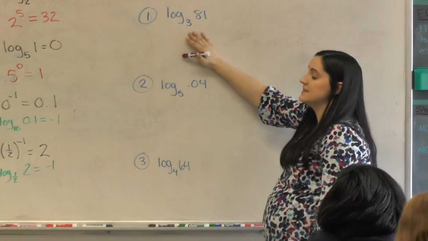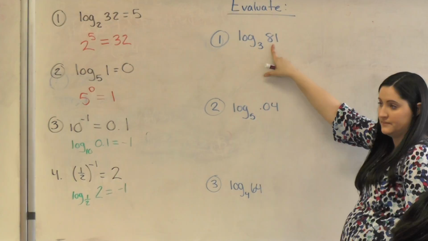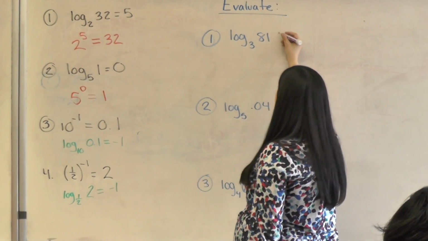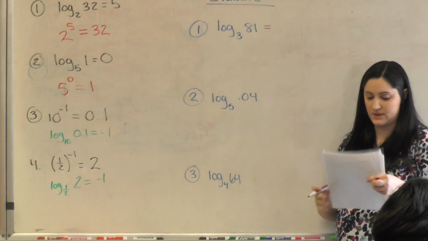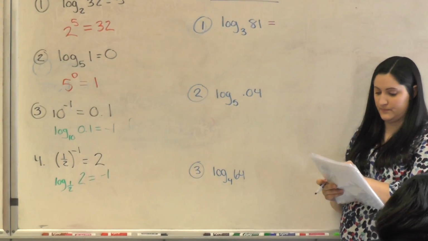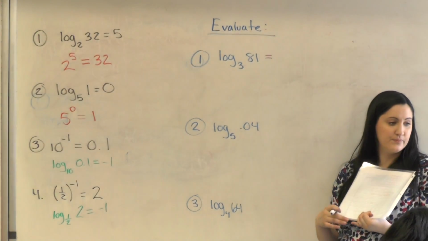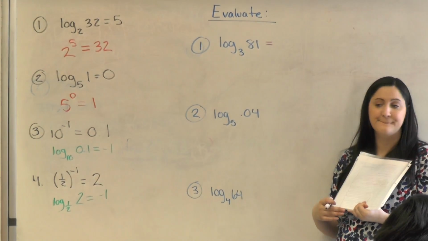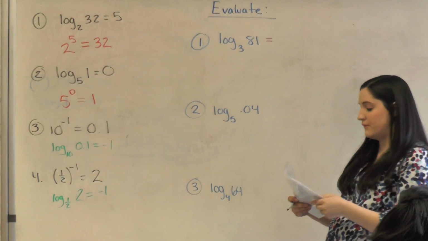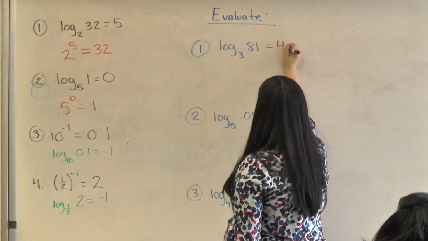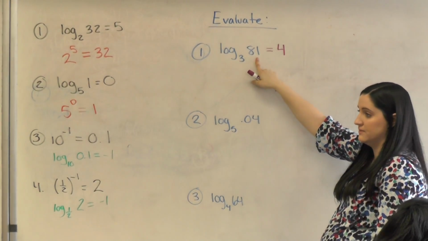Okay, so I can look at this and say 3 to what power will give me 81? 3 to what exponent will give me 81? Now can you use your calculator? Three to the fourth power. So the answer to this is 4. 3 to the 4th power will give me 81.